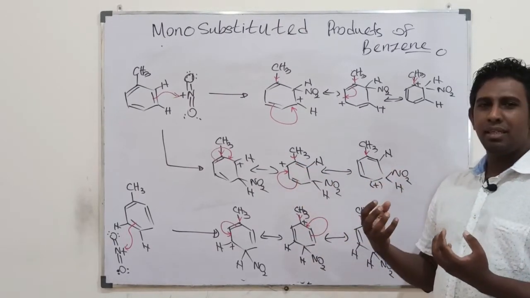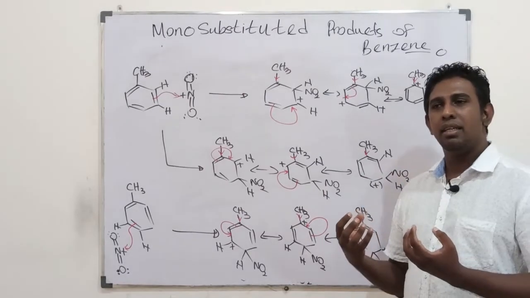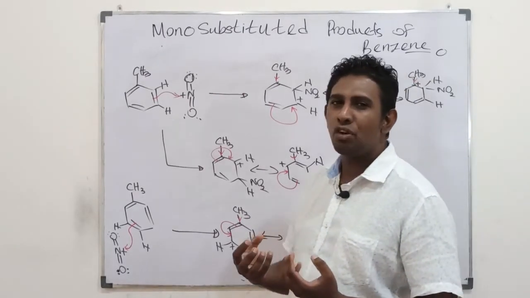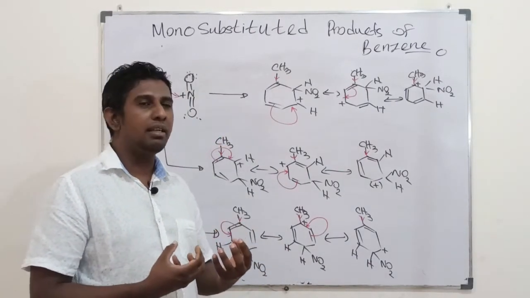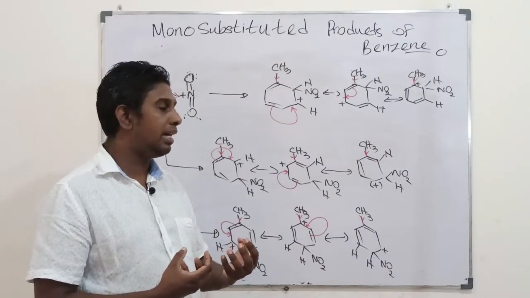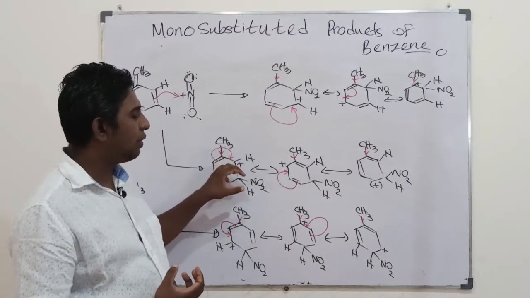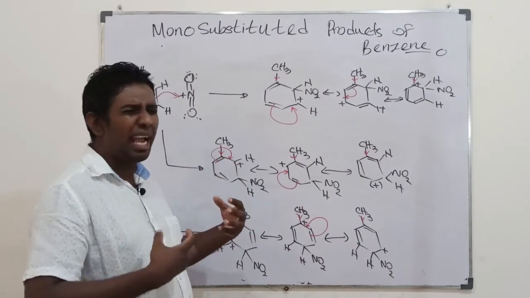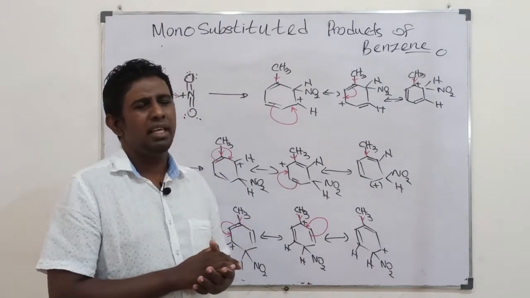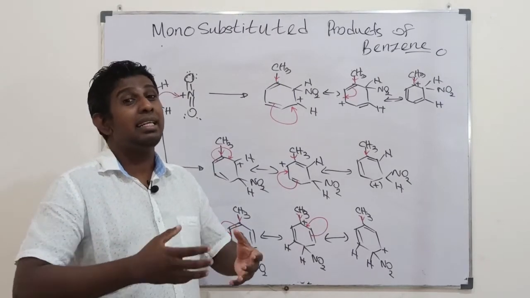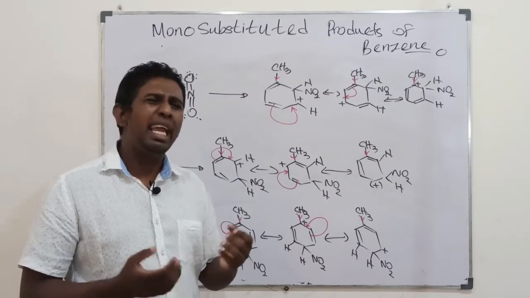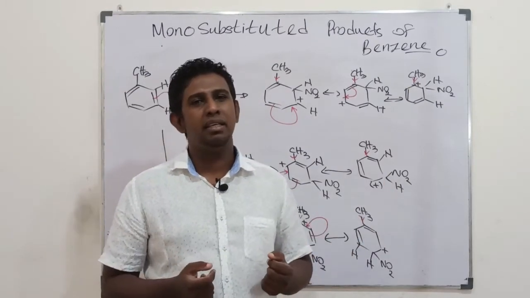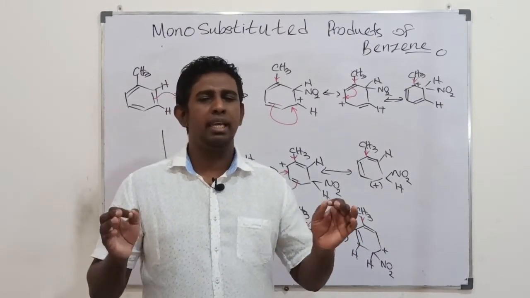So it's a good thing that the electron-repelling methyl group gives electrons towards the benzene ring, wherever in the ring you have the positive charge. In that aspect, it's good.